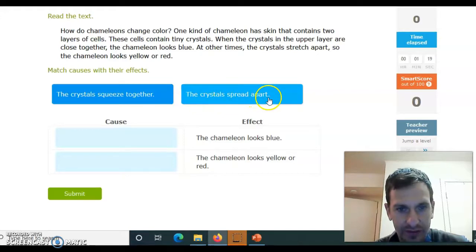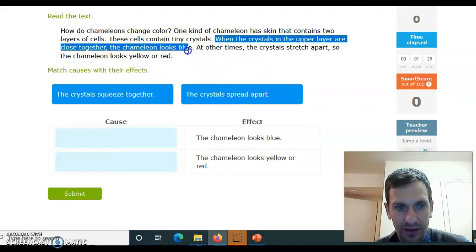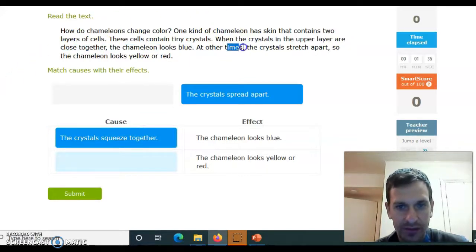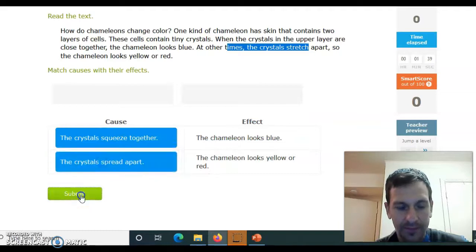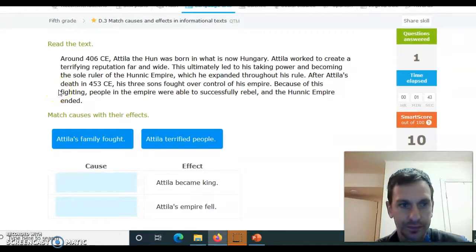The crystals spread apart. So the effect is what happens. The chameleon looks blue. When they squeeze together, they look blue. When they stretch apart, they look yellow or red. Cause and effect. Alright, let's do one more.